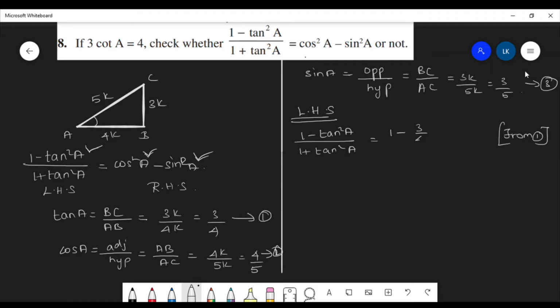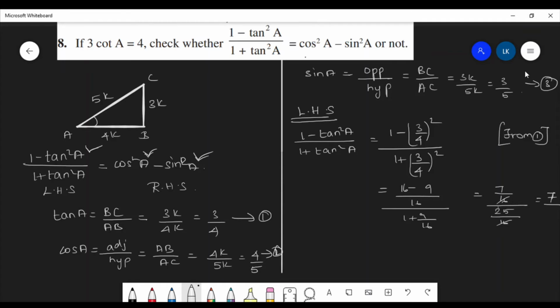Therefore 1 minus 3 by 4 the whole square by 1 plus 3 by 4 the whole square, which is equal to 1 minus 9 by 16 by 1 plus 9 by 16. 16 minus 9 is 7, so 7 by 16, by 16 plus 9 is 25, so 25 by 16. 16 and 16 cancel out, and the answer is 7 by 25. Okay, now RHS.